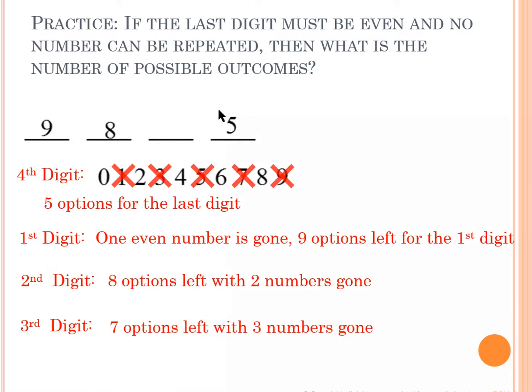I've used a number here, a number there, and a number here. So I have 7 digits left for my third digit. So 9 times 8 times 7 times 5, that would mean I have 2,520 different outcomes.